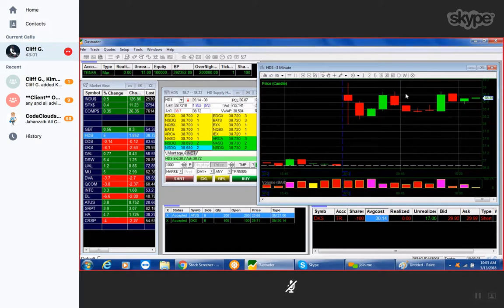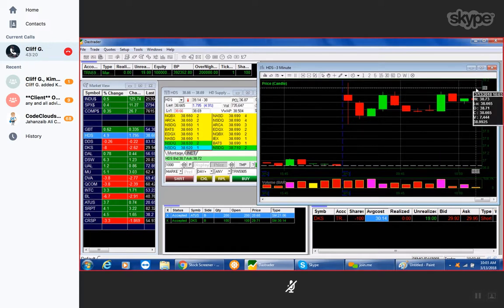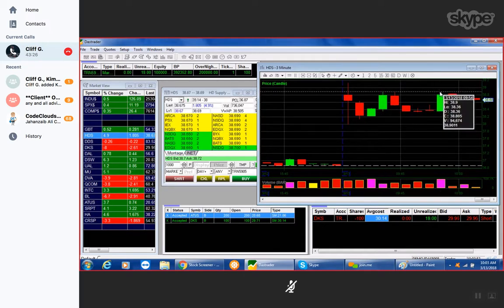Can I set up a trigger, since it's prior to 10:15, to see what happens if this thing makes a new high? 38.89, 38.90, 38.90. Now, I'm going to anticipate that this stock may bump its head at that whole number of 39. So I'm not going to put a trigger order in to get in at 38.91 on this up stock. Remember, disregard the first candle.